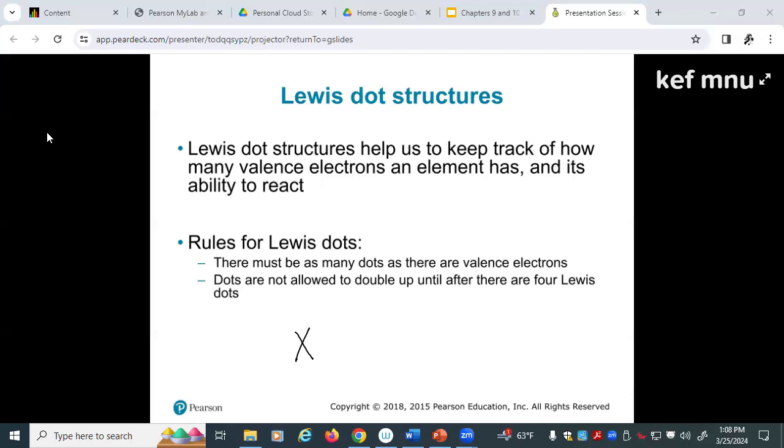Now, the dots themselves are going to show up in 4 different areas: above, below, and to either side of that symbol. And we want to think about these zones kind of in the same way that we do orbitals.